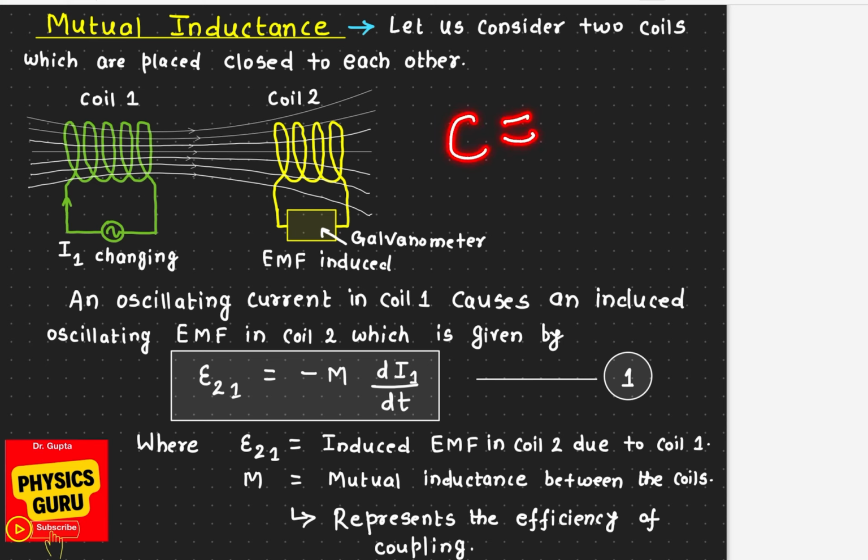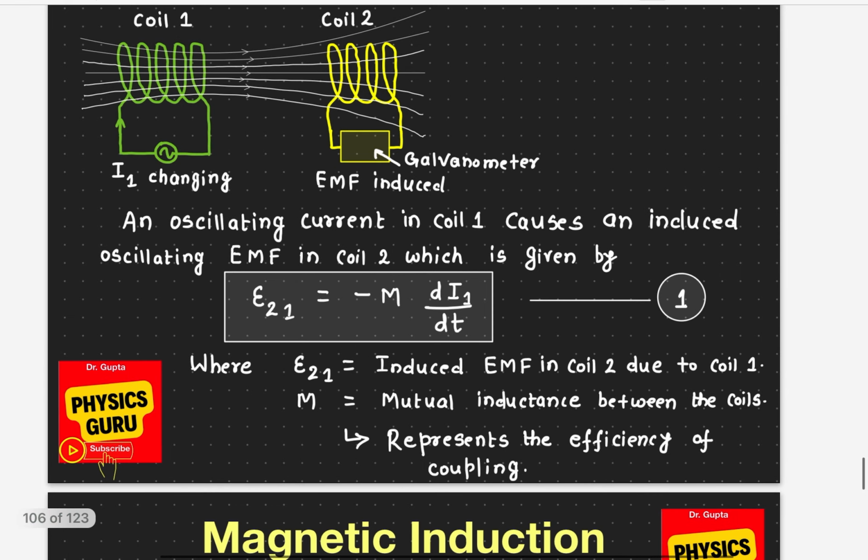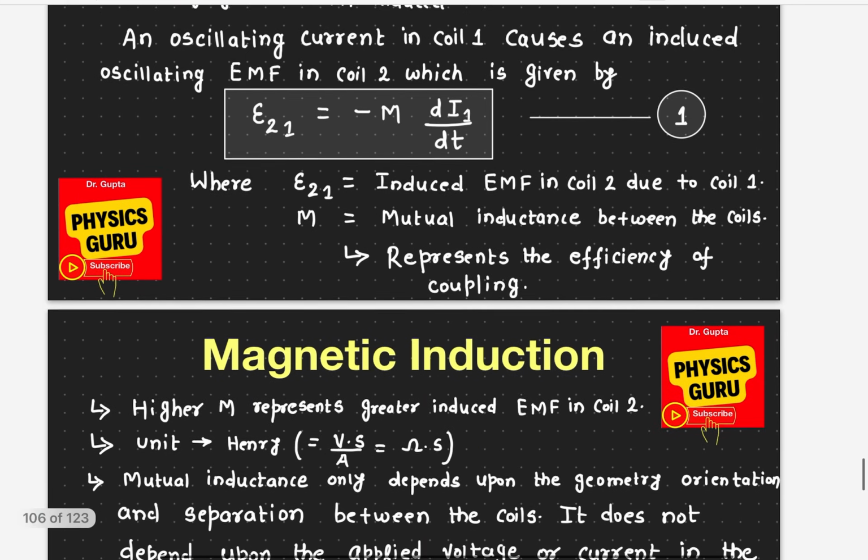If you look at the definition of the capacitor, it is Q, the charge, divided by the potential difference. Does it depend upon the charge and the potential difference? No, it only depends upon the geometrical parameters. For a parallel plate capacitor, it only depends upon the area of the plates and the distance between them. In the same way, if there are two coils placed near each other, the mutual inductance only depends upon their geometrical parameters.